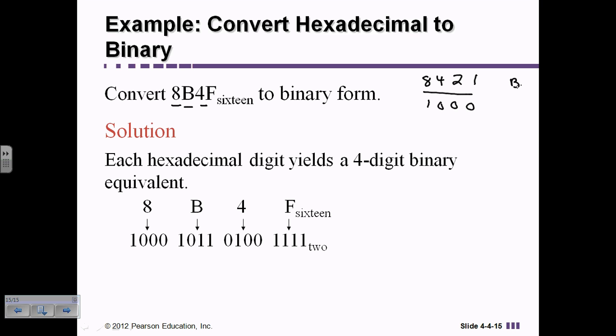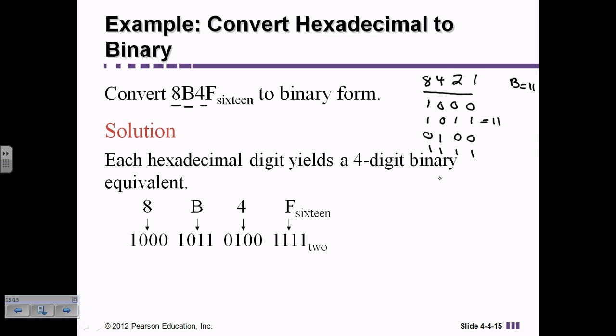B is the number 11. So in order to get 11 from this combination of values here, I would need an 8, a 2, and a 1. So 8, I don't need any 4s, and I need a 2 and a 1, and that equals 11. To get the number 4, I need no 8s, 1 4, no 2s, and no 1s. To get the number F in binary, I would need all 1s.